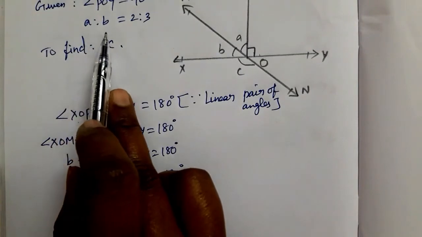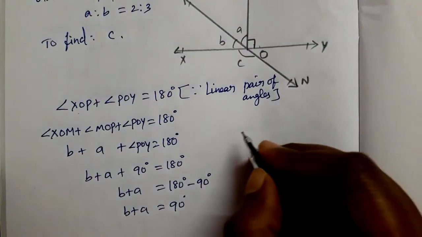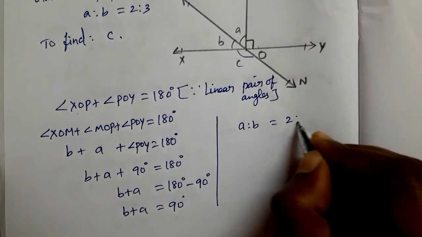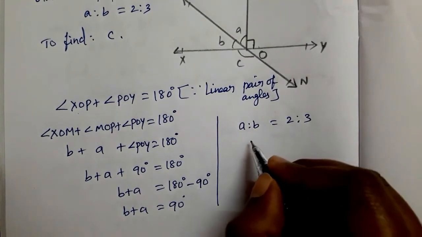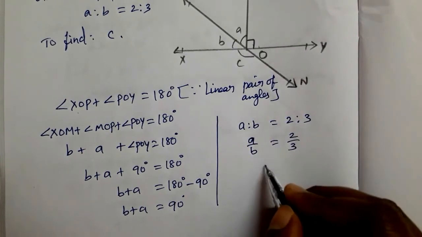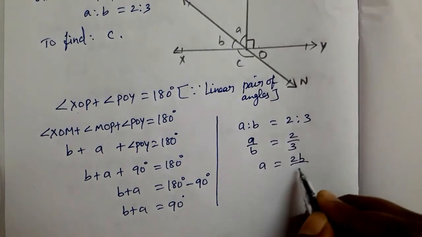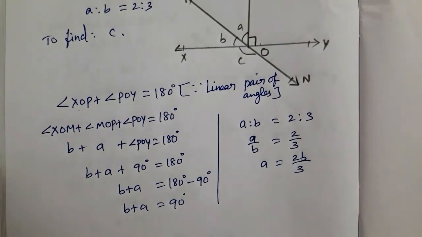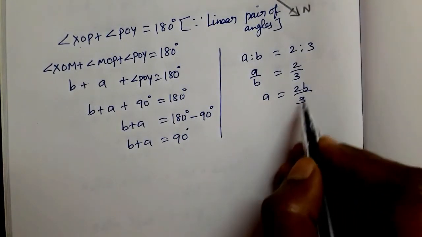Here given a is to b equal to 2 is to 3. It can be written as a by b equal to 2 by 3. Now a equal to 2b divide 3 because this denominator b becomes that side, the numerator. So here a value 2b by 3.